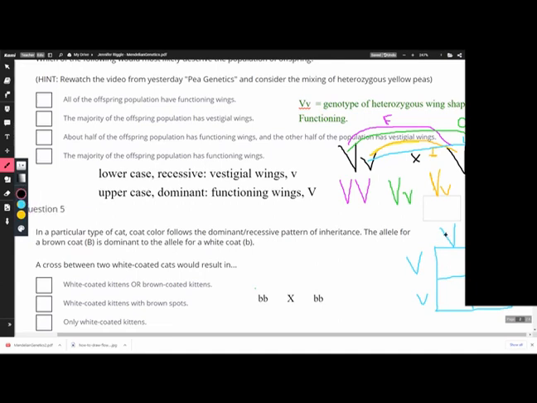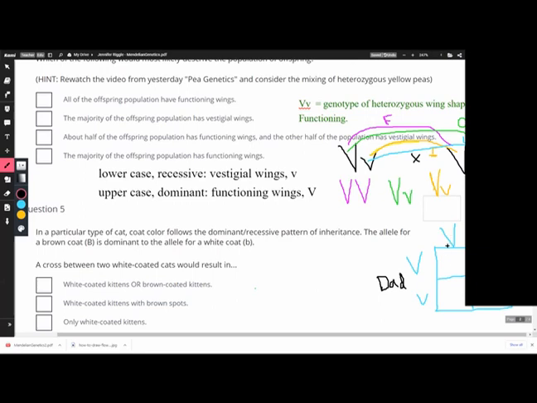Okay, so what we would do with this box is, let's say this is mom. And this one is dad. And then inside of this box, I'm going to get one allele from mom, one allele from dad.